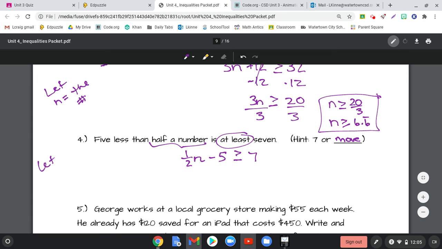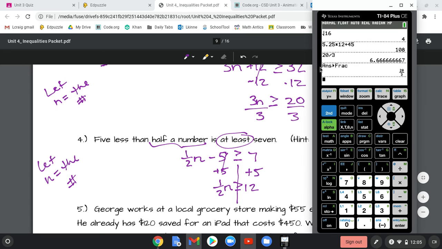So again, I'm using n, so let n equal the number. 5 less than half a number is greater than or equal to 7. Add 5. 1/2 times n is greater than or equal to 12. Well, if you want to get rid of multiplying by half, you can divide by half.